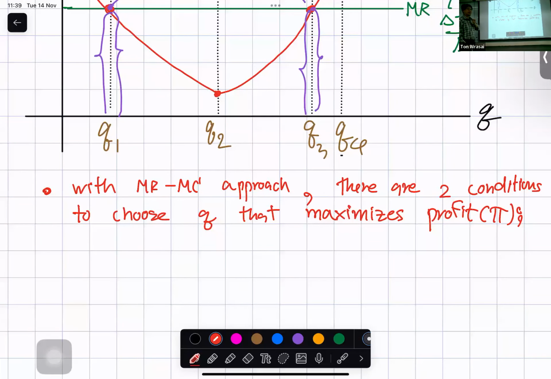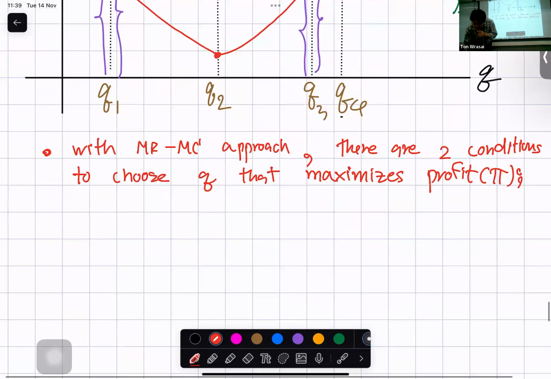In the MR-MC approach, there are two conditions, two requirements, to guarantee that we choose the right place to produce. Condition number one: at that place, MR must be equal to MC.